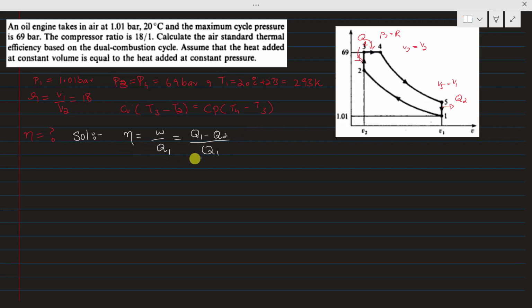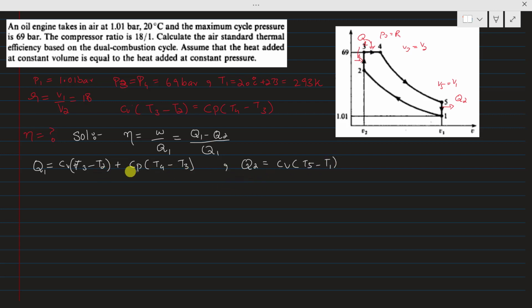Next, to find the thermal efficiency, what things do we need to find? The heat supplied is equal to Cv times (T3 minus T2) plus Cp times (T4 minus T3), and the heat rejected, Q2, is equal to Cv times (T5 minus T1), because the heat rejection takes place at a constant volume process.